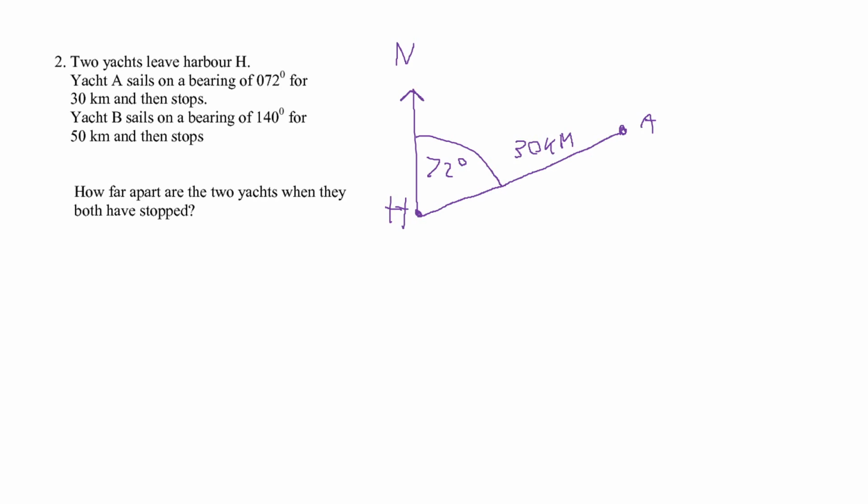Awesome. Now we need to do this for B as well. So this time it's going to be 140. So let's label a 140-degree line, which is roughly there. And then we're going to draw a 50-kilometer line, like so.